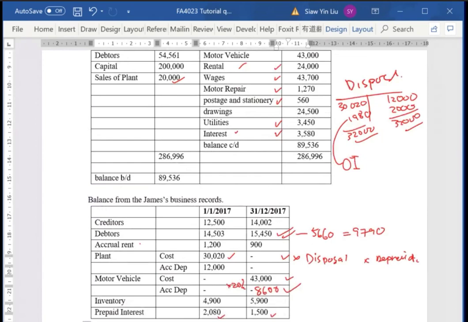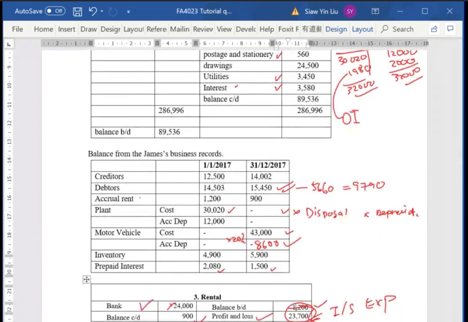After you finish your income statement, then you can start to do your financial position. Start with your motor vehicle asset. Now this year you have 43,000. Now if you look at here, you have assets and liabilities, but you don't have equity. Right, you don't have a capital account. So you need to figure out how much is your capital at the beginning of the year and then at the closing of the year.